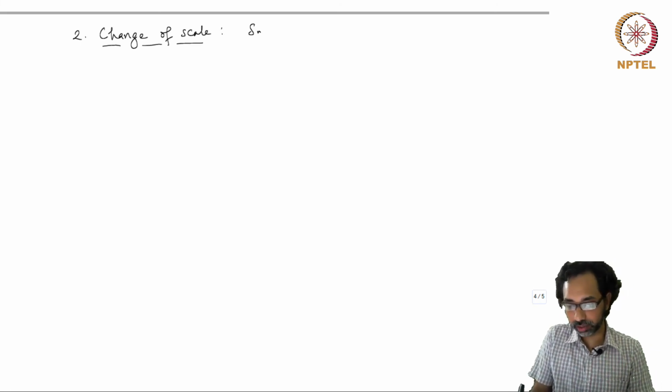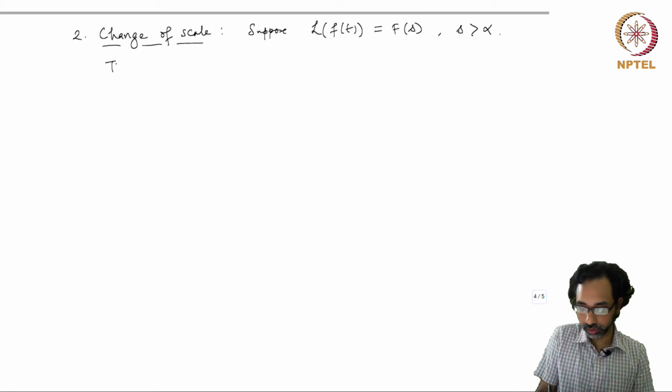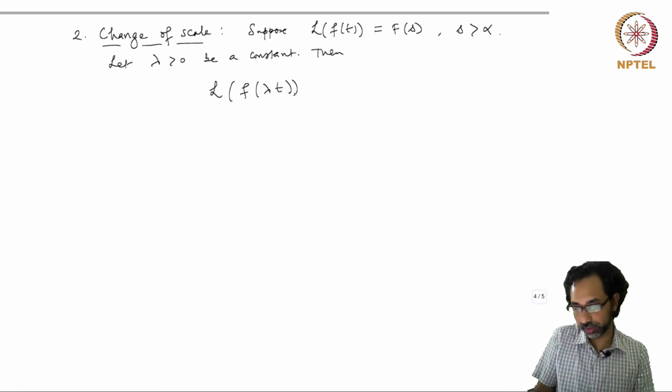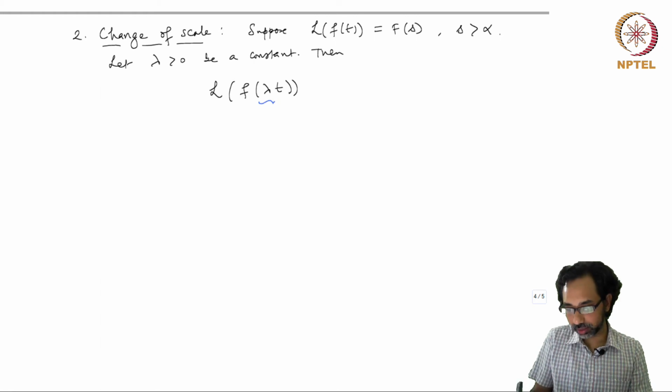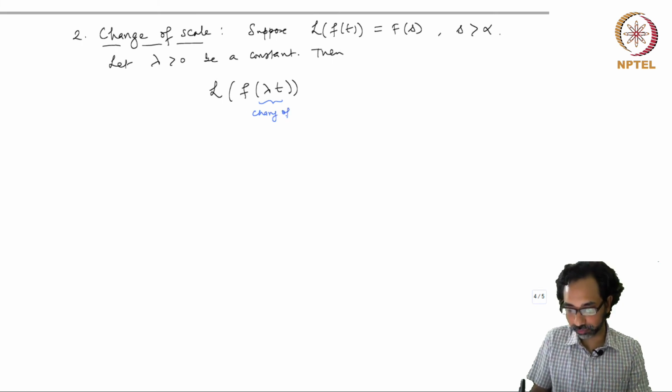This says that suppose that the Laplace transform of a function f of t is given by some function capital F of s for s greater than alpha, and now suppose that lambda is a positive constant, then the Laplace transform of the function given by f of lambda t, so this is changing the scale of the domain of f by a factor of lambda, which is why it's called change of scale.